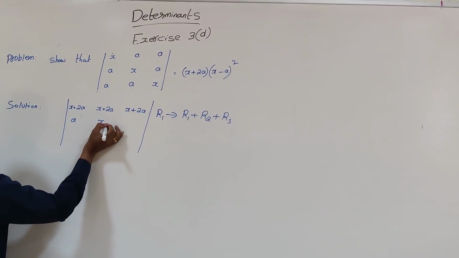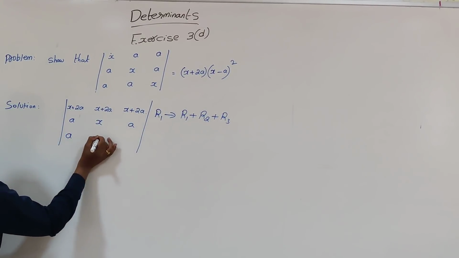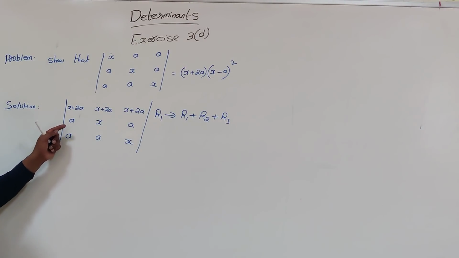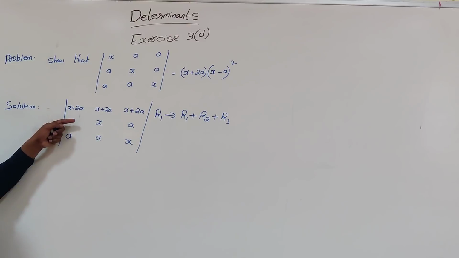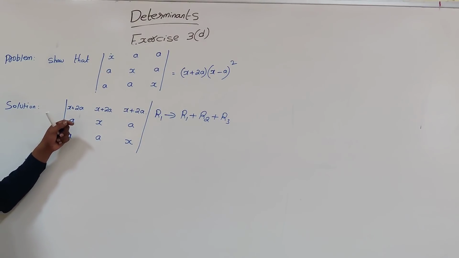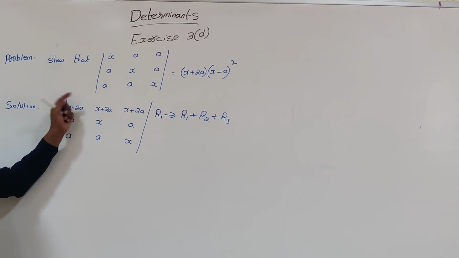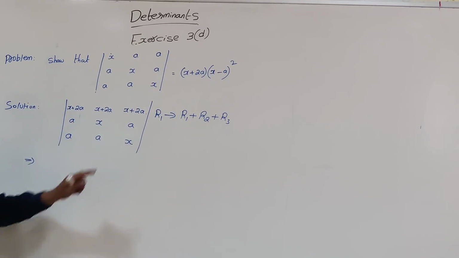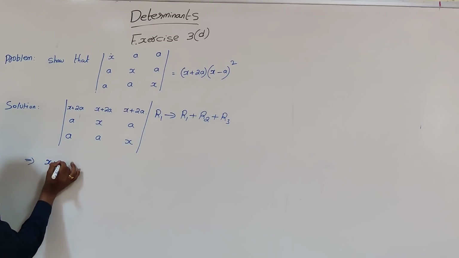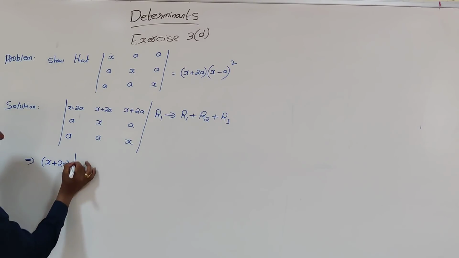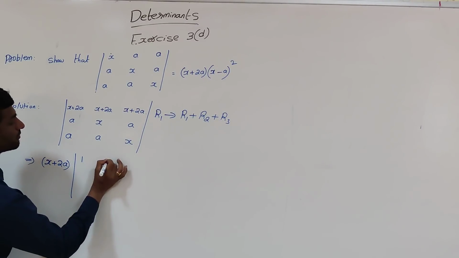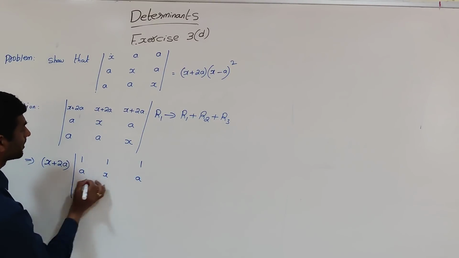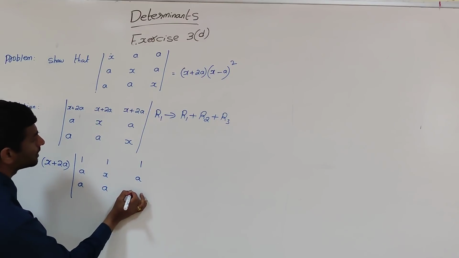Then A, x, x. Now, as every element of row 1 is a multiple of x plus 2a, x plus 2a into 1, x plus 2a into 1, x plus 2a into 1. So we can take x plus 2a out into determinant of 1, 1, 1, a, x, x.